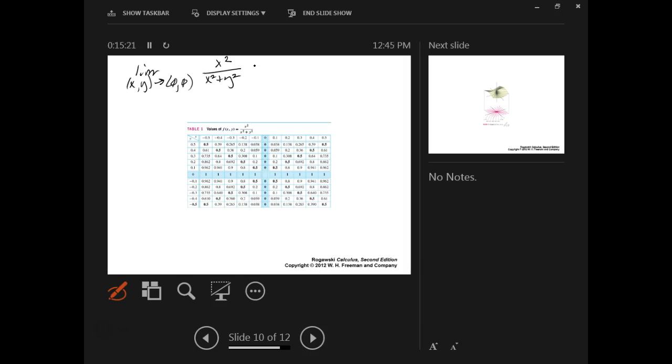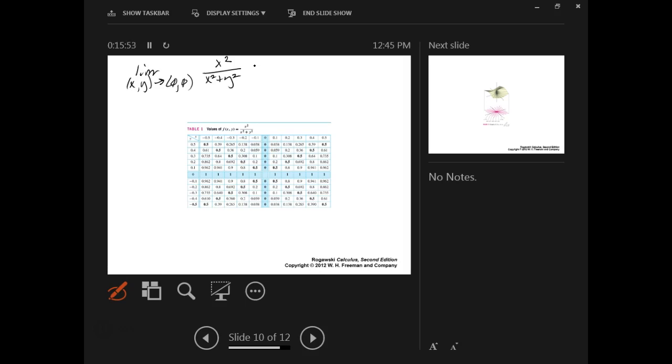So here we've got three different limits from different directions, and three different results. Can't happen. This does not have a limit as xy approaches 0, 0. It just can't happen because you have different values as you come in different paths. And that can't be. Okay.